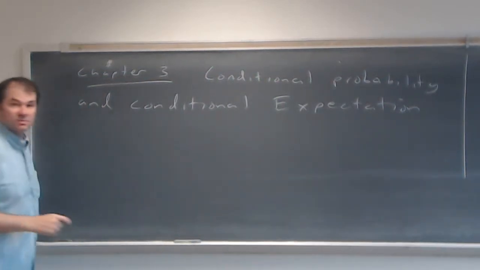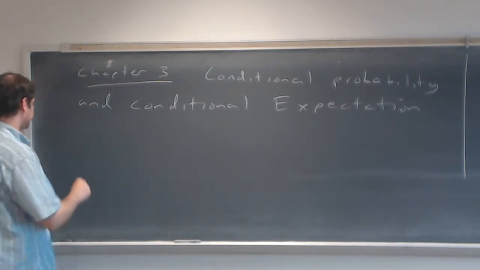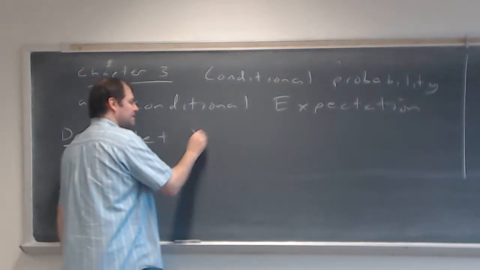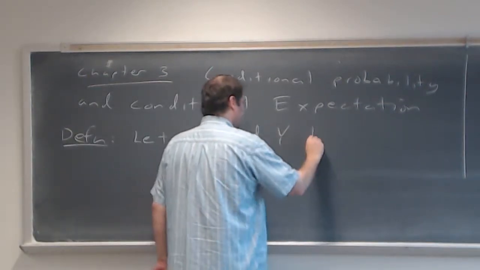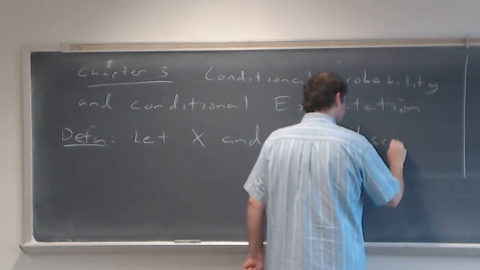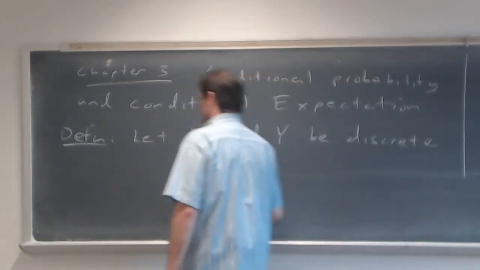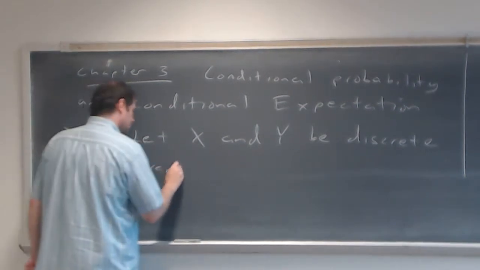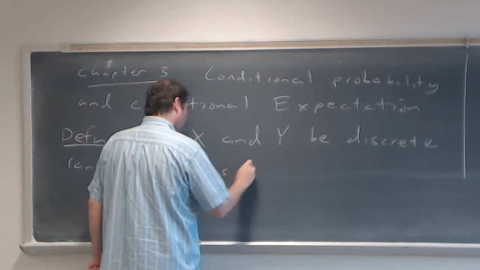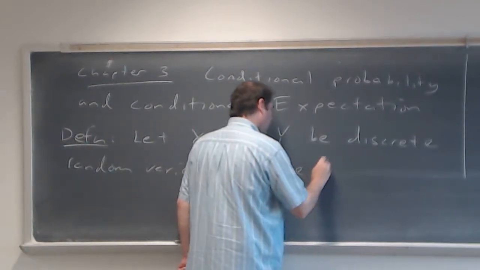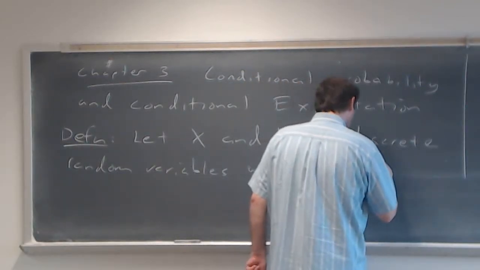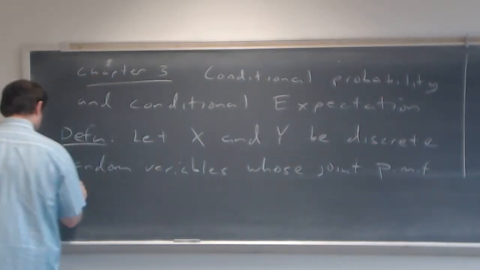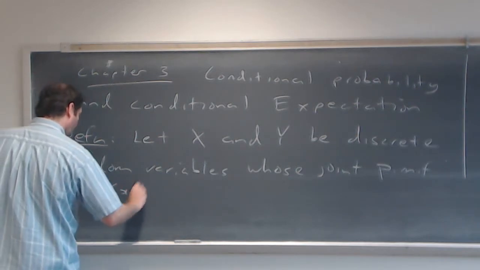As we get started, the first thing we'll do is a definition. Let X and Y be discrete random variables whose joint PMF is f of x comma y.